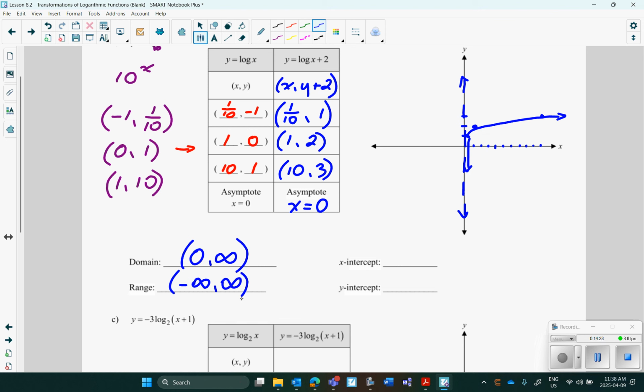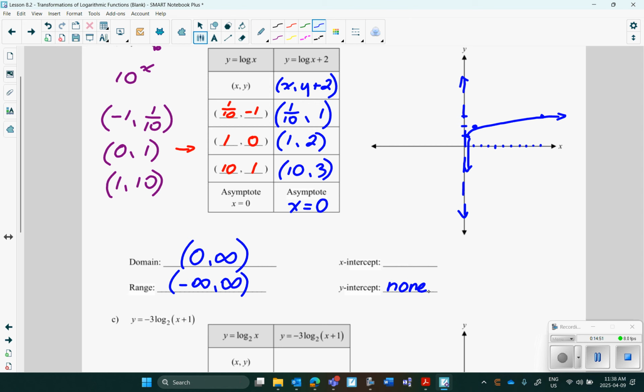Before I get to the x-intercept, the y-intercept: none, because it never touches. The x-intercept is going to be really hard to read off the graph. Obviously, it's very, very close to 0. So the only way we could really do this is algebraically.